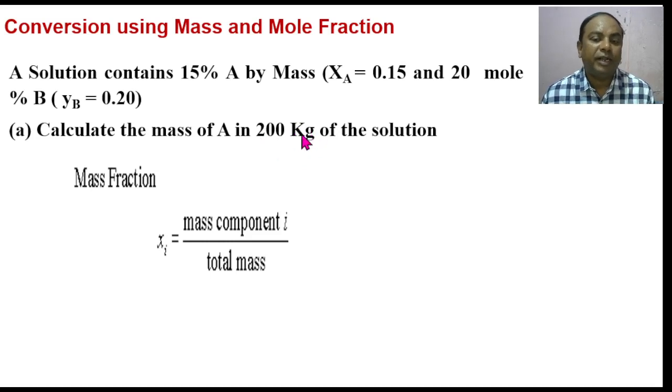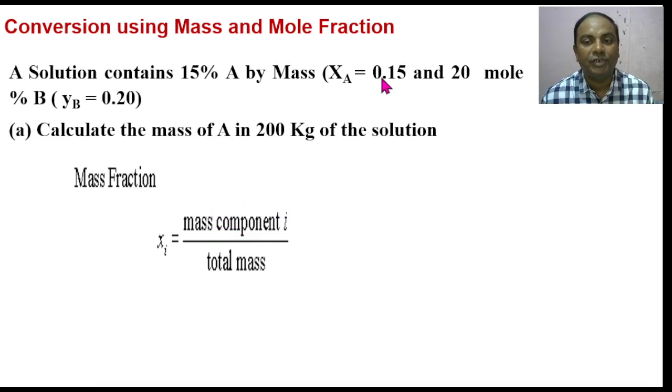So 200 kg is the total mass, and what is the mass of the constituent A present in the 200 kg of the solution? That is what is asked in the problem. So what is unknown? The mass of component A is unknown.